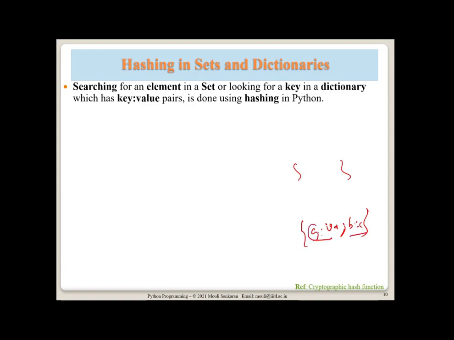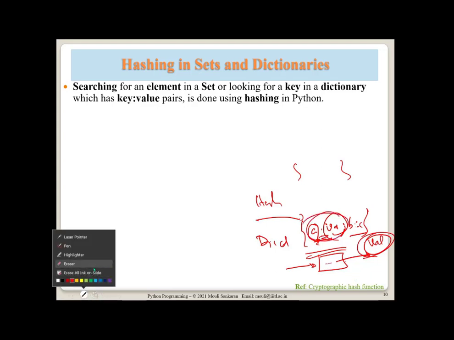To access the key, you will be using the hash in the dictionary, and then once you find that index, it will be pointing to the value which is there. So you will be searching for a key in the dictionary, and once you find it using the hash function, you go to the index and then access the value that is paired with this key. That is how a dictionary is accessed.